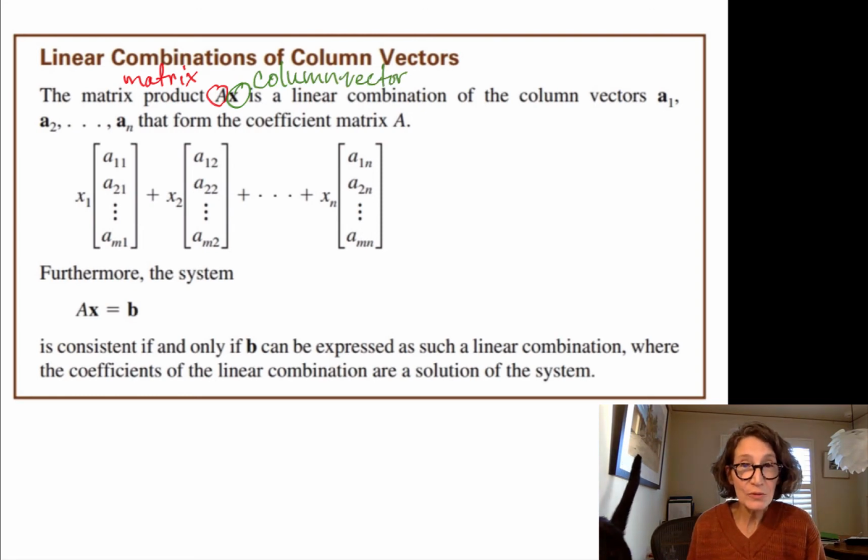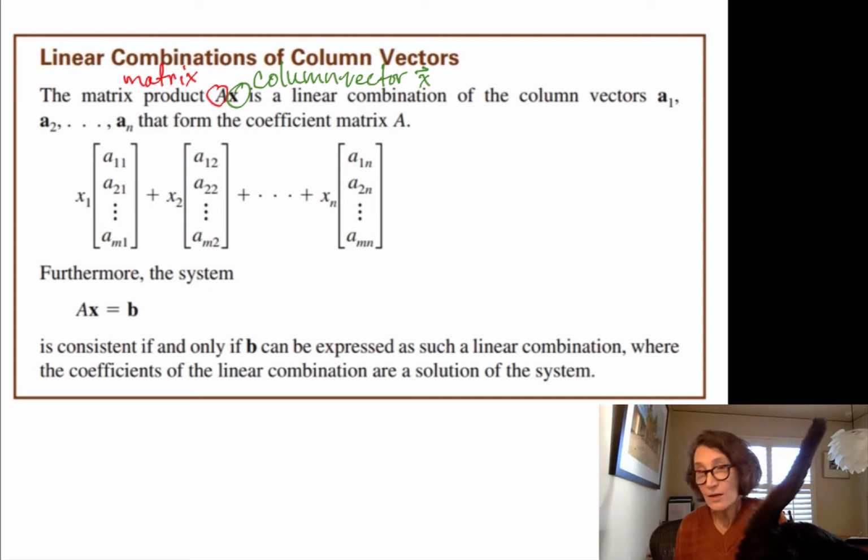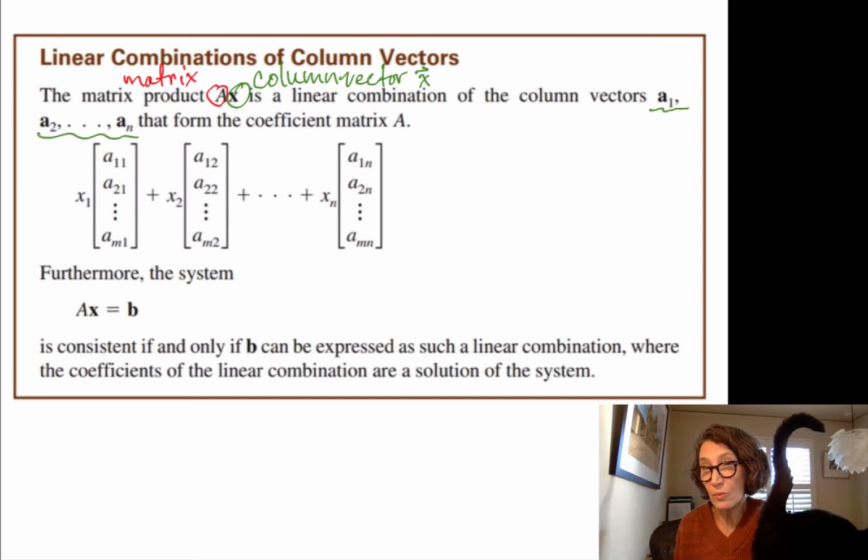Because they can do boldface in a textbook, they don't have to put little arrows on top. But when you write it in your notes, you need to put an arrow on top because you can't do boldface in your notes. So it's really important that you use the correct notation. And notice the a1, a2, an, those are also boldface.